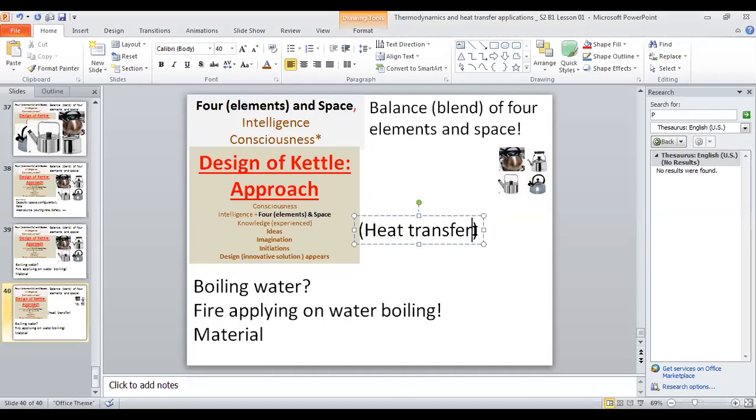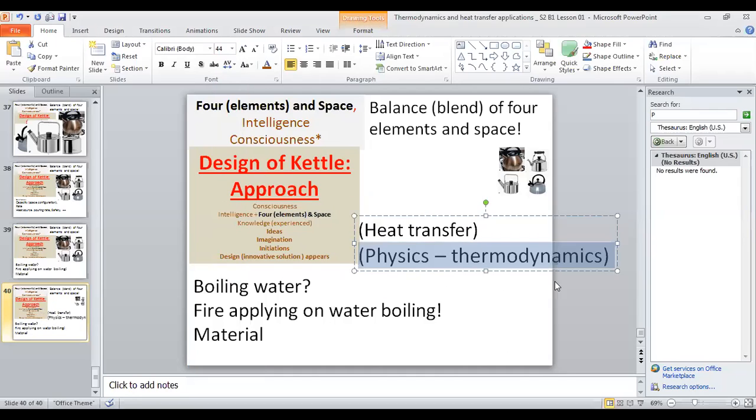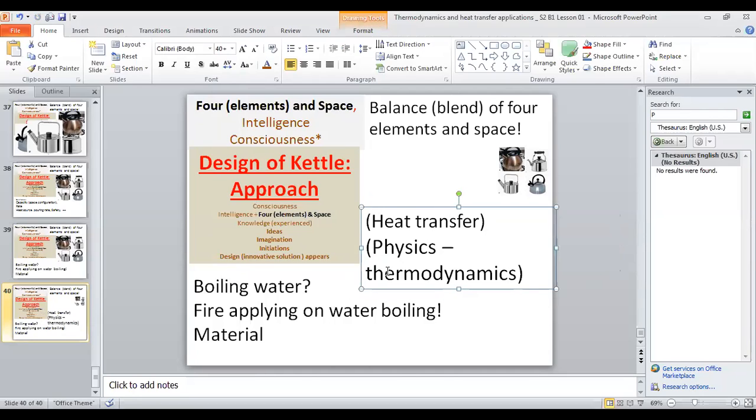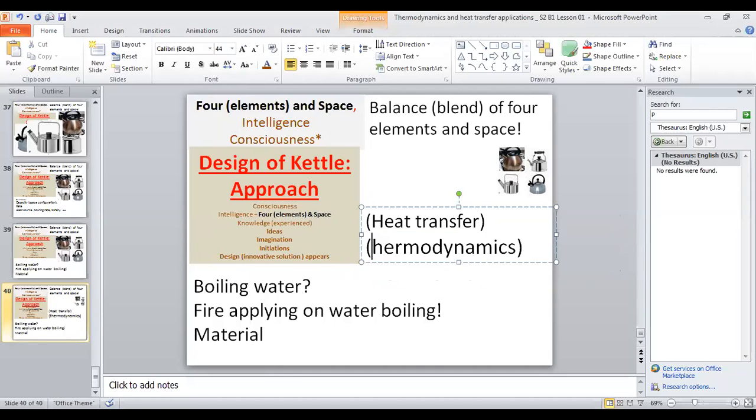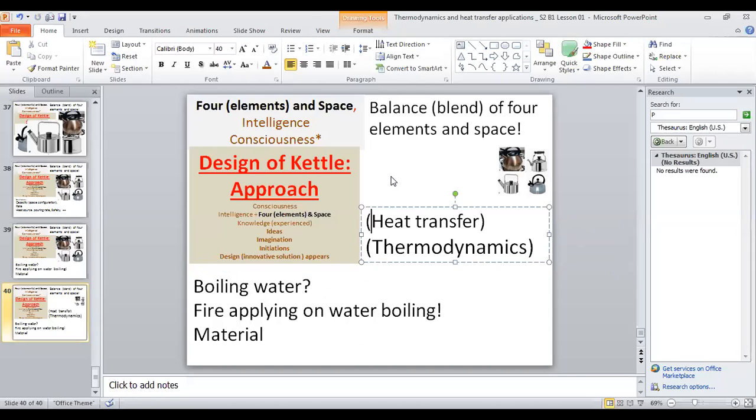So, I take the physics part out: thermodynamics. Slowly we are entering into the subject. So you have to learn about this: heat transfer and thermodynamics.